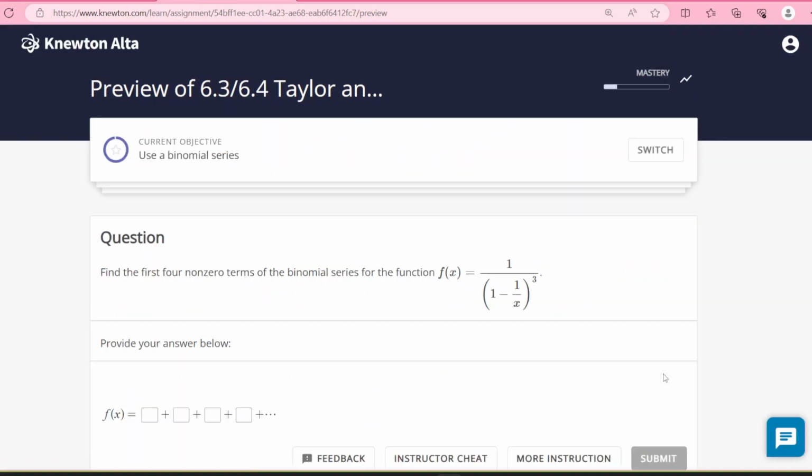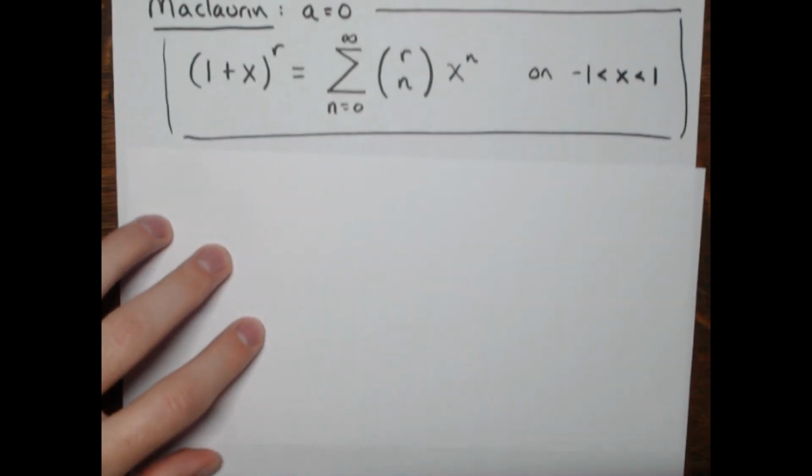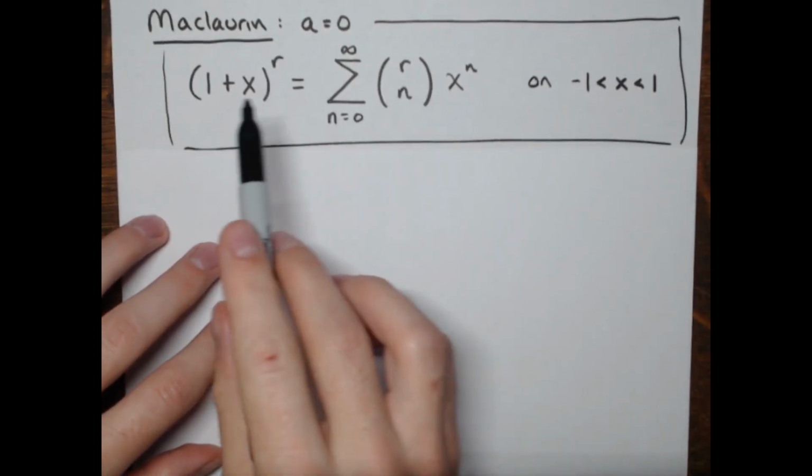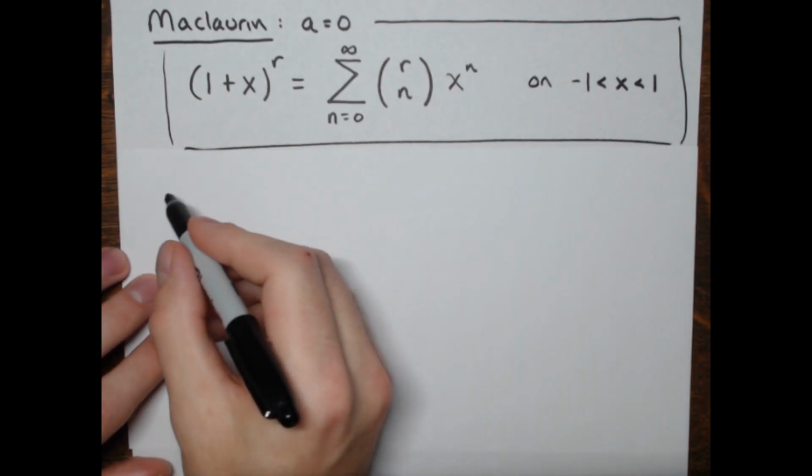All right, and then one more here. Looks like, well, I'm hoping to be close to being done with this objective. Got another series here that I can write as a binomial to a power, 1 plus something to a power, and then rewrite it using this rule here, right? Our binomial series rule.